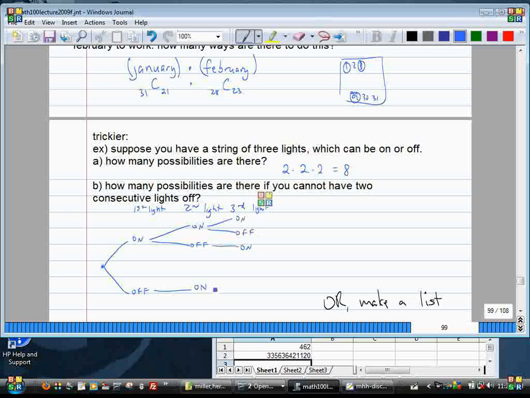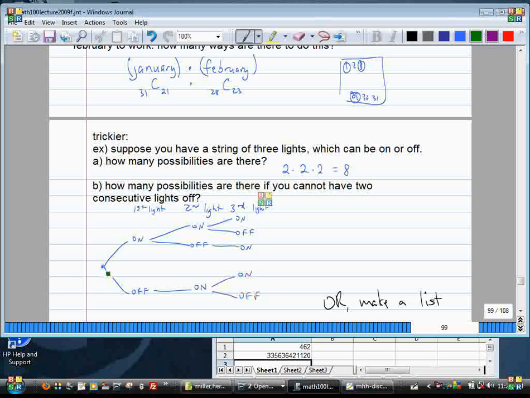And for the next one, what are the possibilities for the third light? It can be on. Can it be off? If the second light is on, can the third light be off? Yes. Like we're doing it like this. You have to apply.